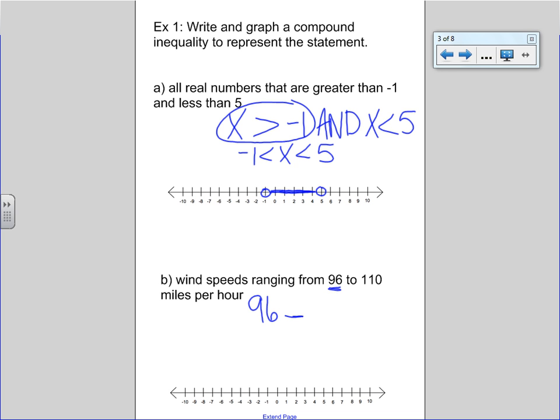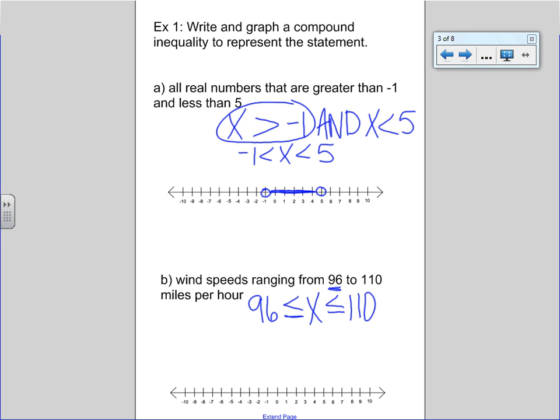It could be equal to it, but that is the smallest that it can be. Then we have our x, talking about the wind speeds, but it can't be greater than 110, but it could be equal to 110. So this is where we get this from.